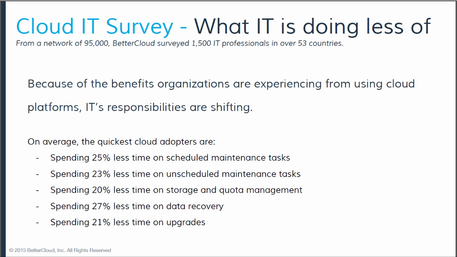You can see a lot of the things are scheduled and unscheduled maintenance tasks. As you move to a cloud-based infrastructure, as you move your email up to Google and your other items up to the cloud, a lot of those routine maintenance tasks, a lot of the server upgrades, are no longer necessary.